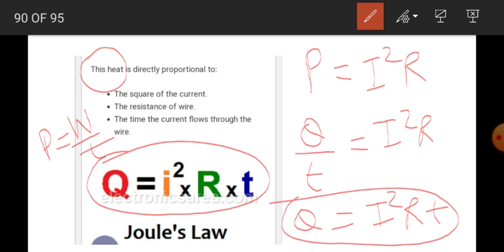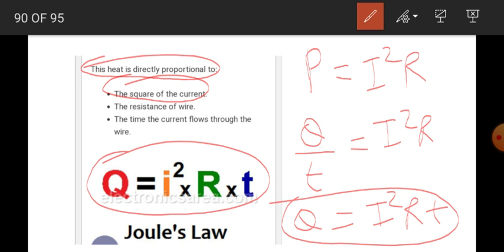Q stands for heat. In your textbook they have used H for heat. No problem, it doesn't matter whether you use Q or H, both are applicable. So here they have written the statement. As you can see, heat produced by electrical devices like iron, electrical bulb or electrical heater is directly proportional to the square of the current, resistance and time.